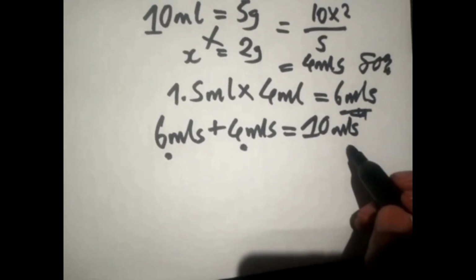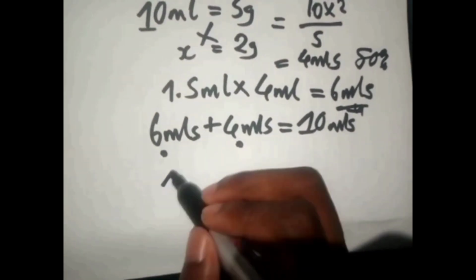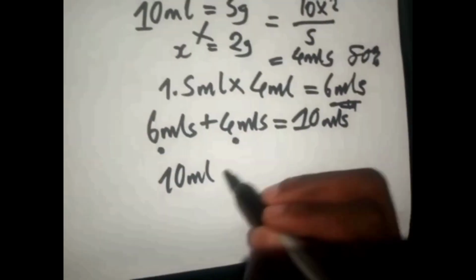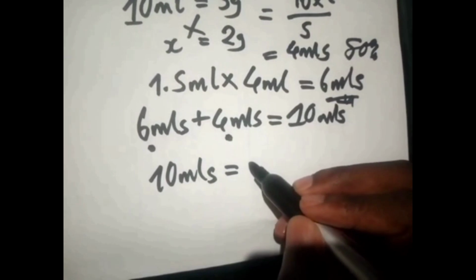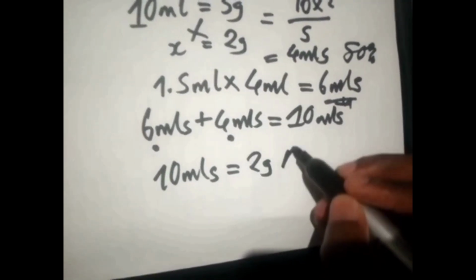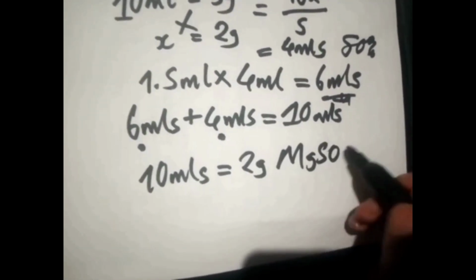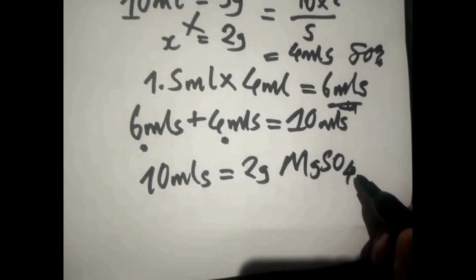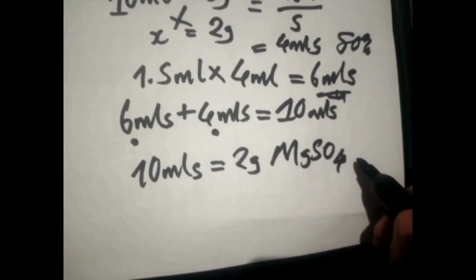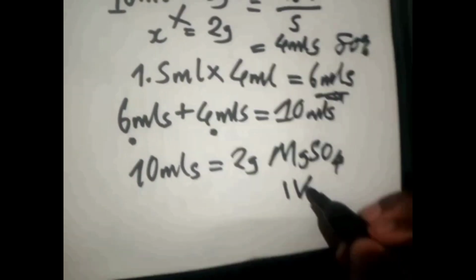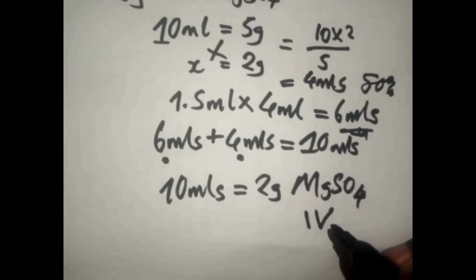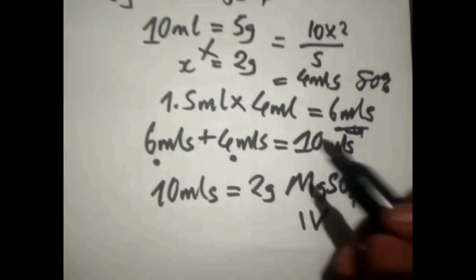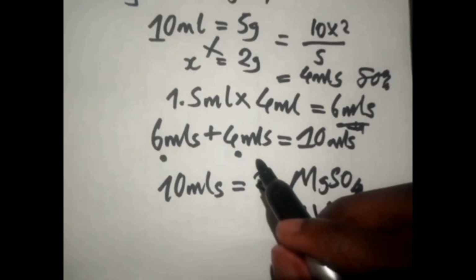So the 10 mils is equal to 2 gram mag sulfate, and we are going to give it IV. So this is the calculations, and it marks the end of the calculations.